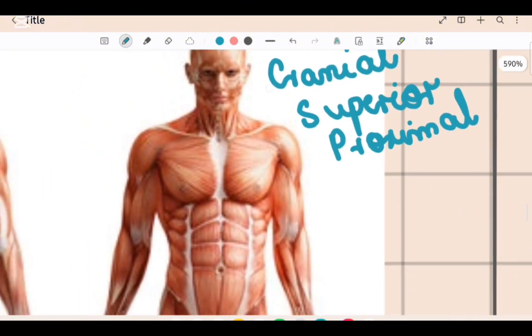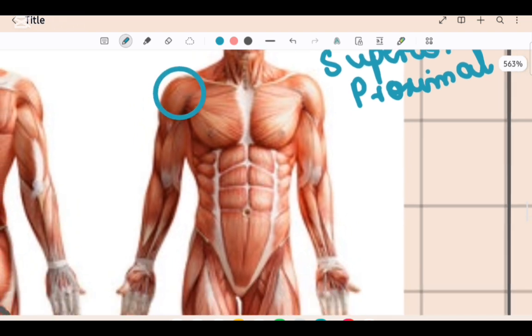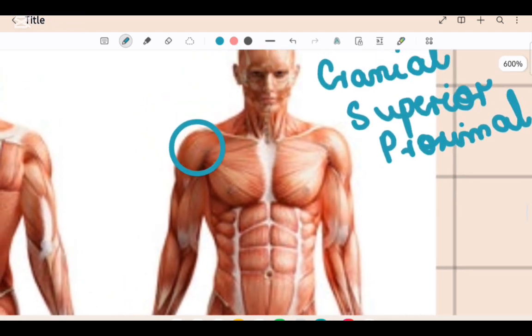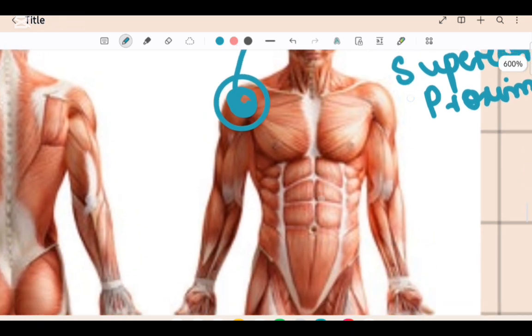So let me just tell. Here you can say that this part of your joint is of the muscle. Okay. So usually we can say that the origin is basically the proximal and the insertion in the muscle is distal, but that sometimes is interchangeable, so you can't call it that. So anything which is placed here, that is close to your head, is called the cranial, superior, or the proximal.